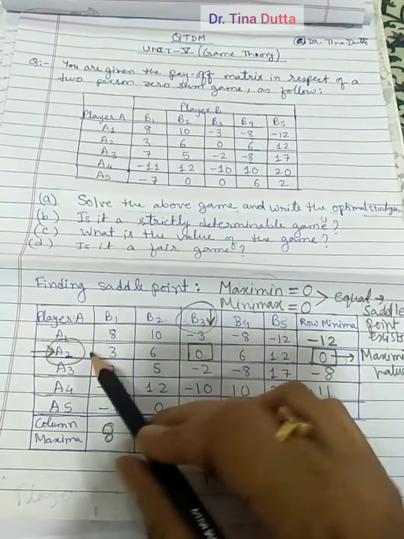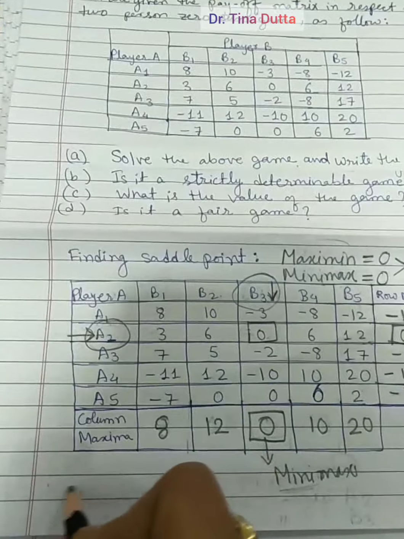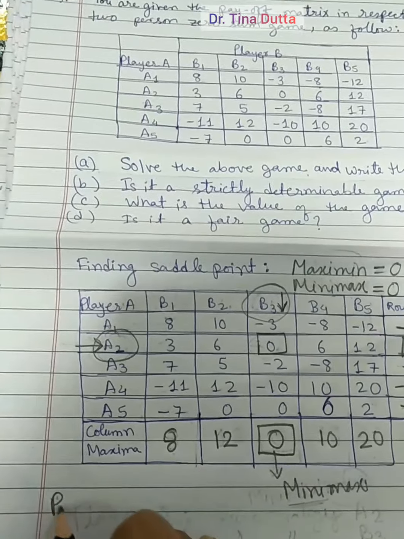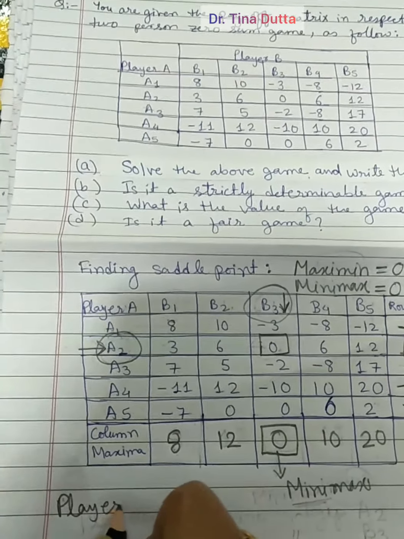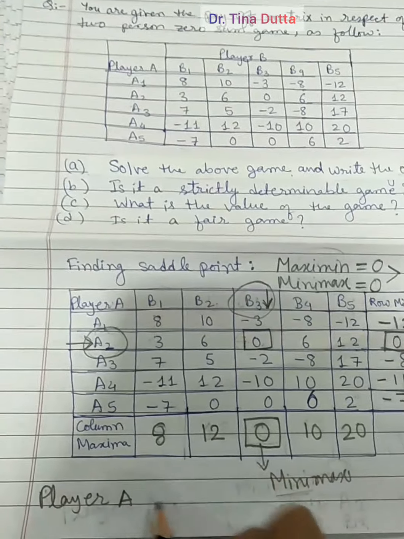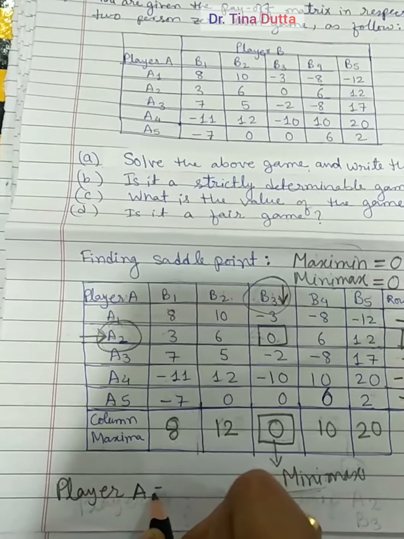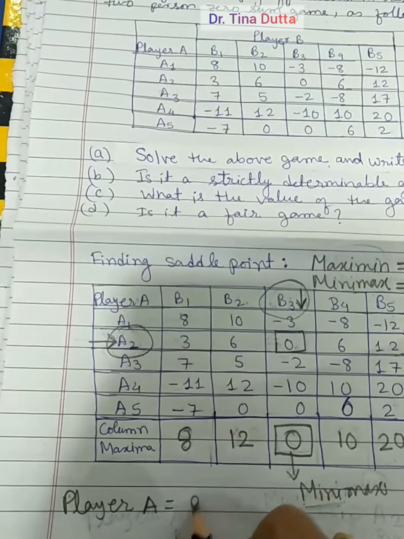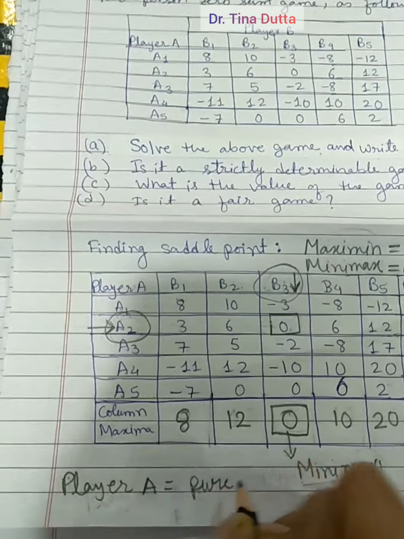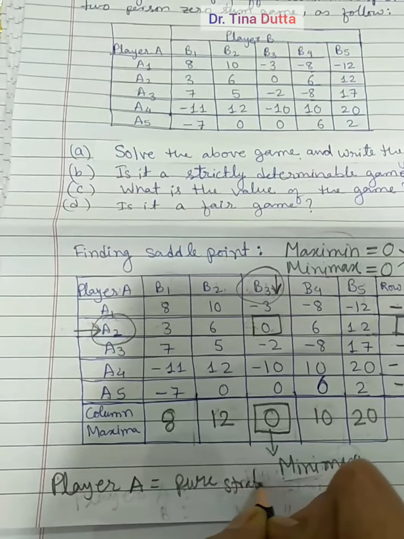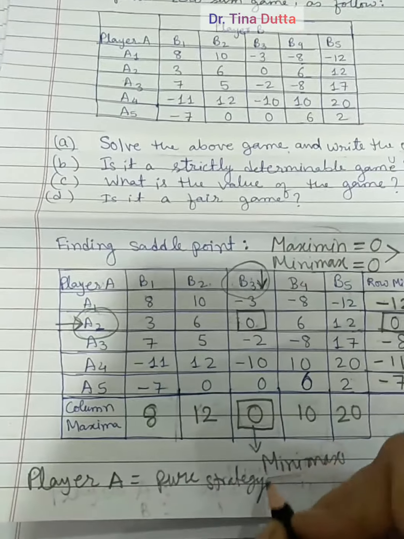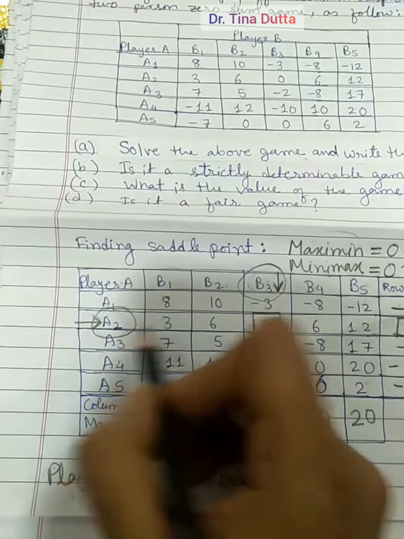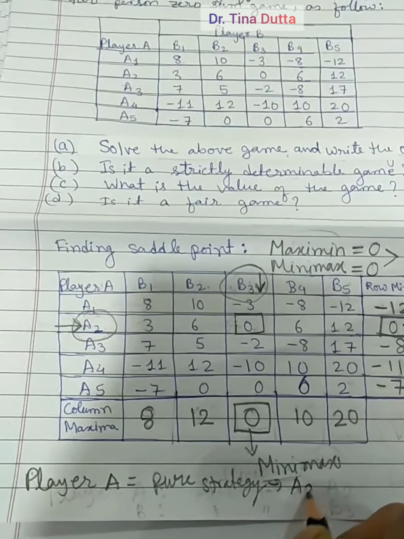So this is the best possible strategy for both the players. So we will write the optimal strategies like this. Player A will have pure strategy, and that strategy is A2.